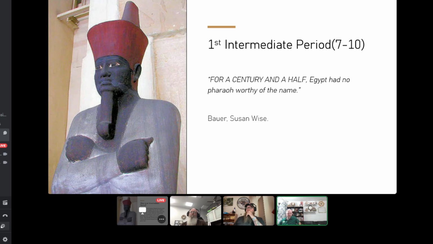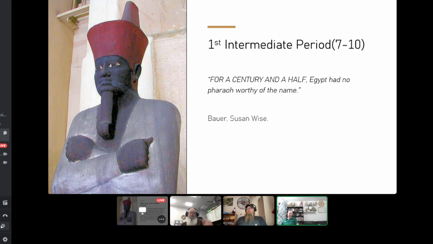The concept of a first intermediate period actually goes back to 1926. An Egyptologist by the name of George Steindorf, and another Egyptologist he worked with named Henry Frankfurt. And they gave us this idea that there had to have been a period in between the old kingdom and the new kingdom, and that this was a destabilized period, dark ages in Egyptian history.